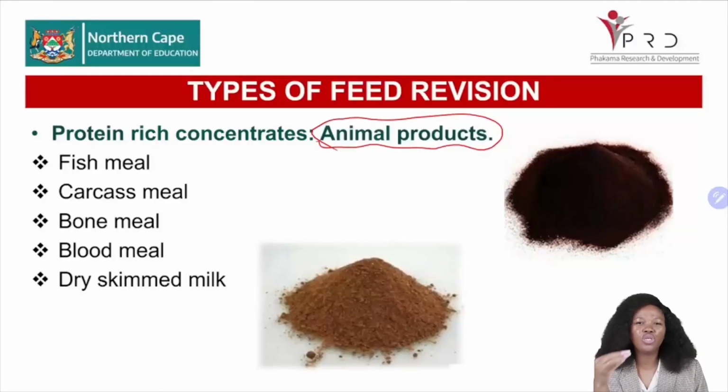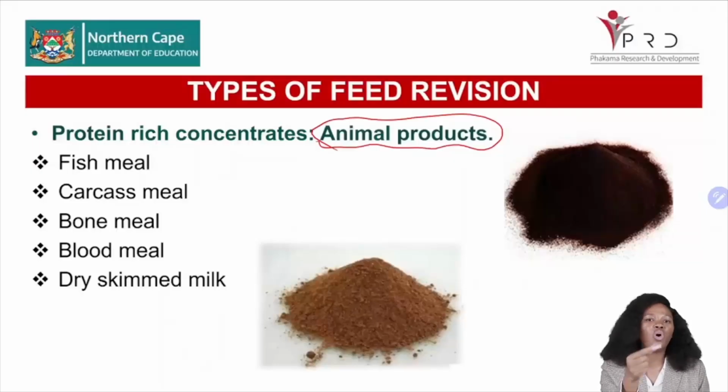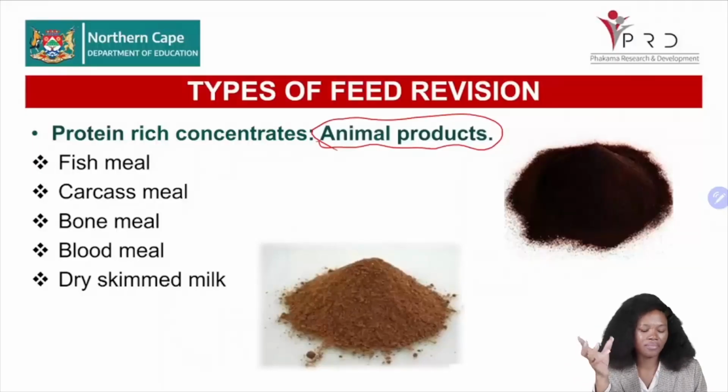We can conclude by saying animal products have more proteins than plant products that are protein rich. Plants, as much as they do have protein, and have enough and high, it is not higher than the protein contained in animal products. I hope that makes sense.